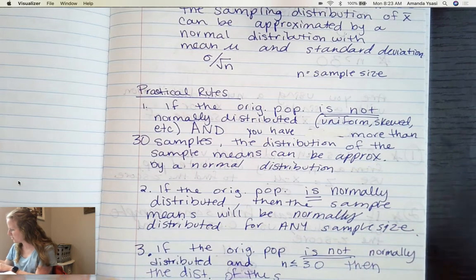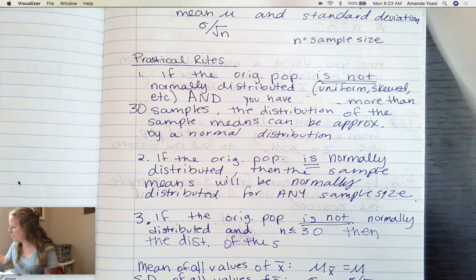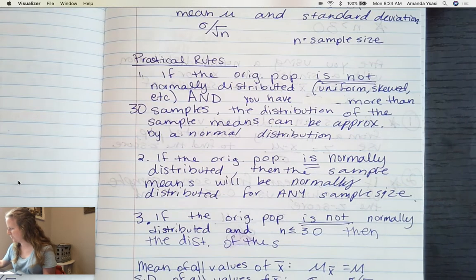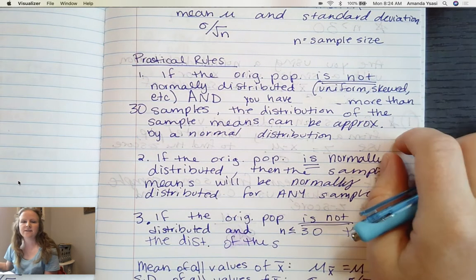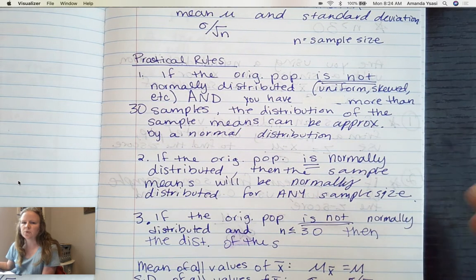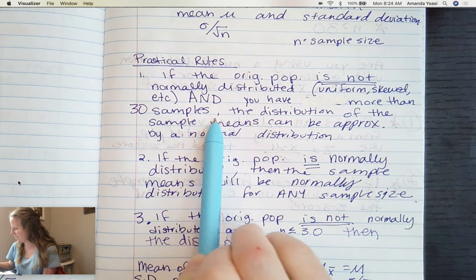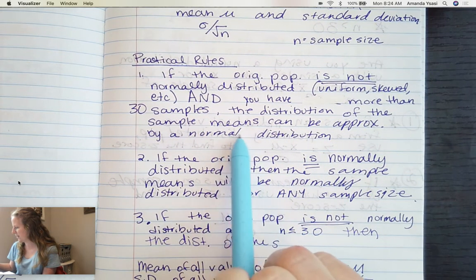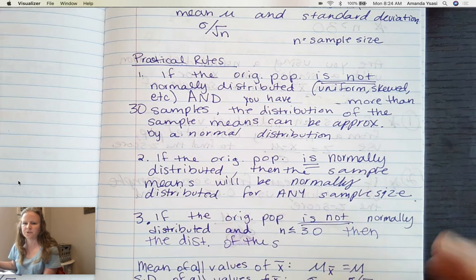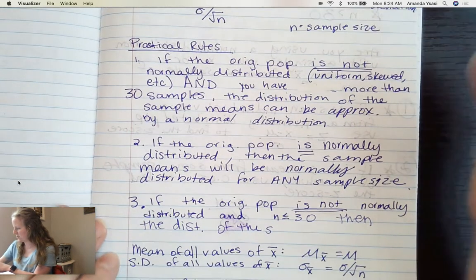So here are the practical rules. Number 1: if the original population is not normally distributed, that means that it's either uniform, skewed, or something else, and you have more than 30 samples, the distribution of the sample means can be approximated by a normal distribution. So that is what we're looking for.